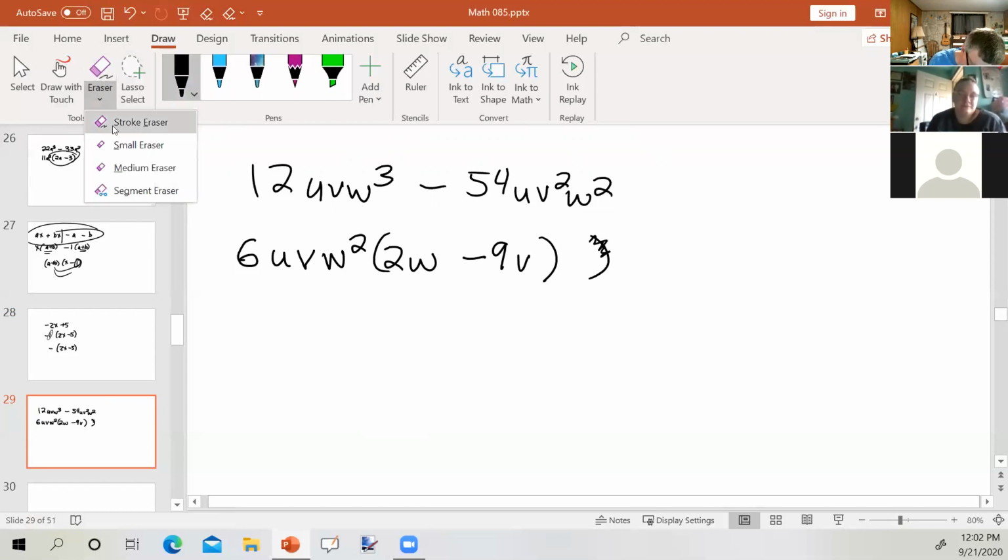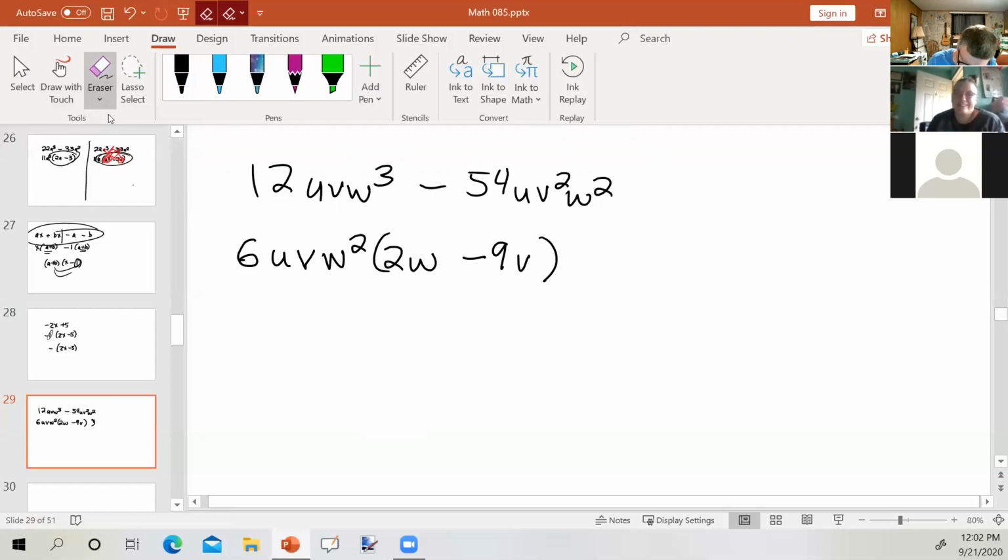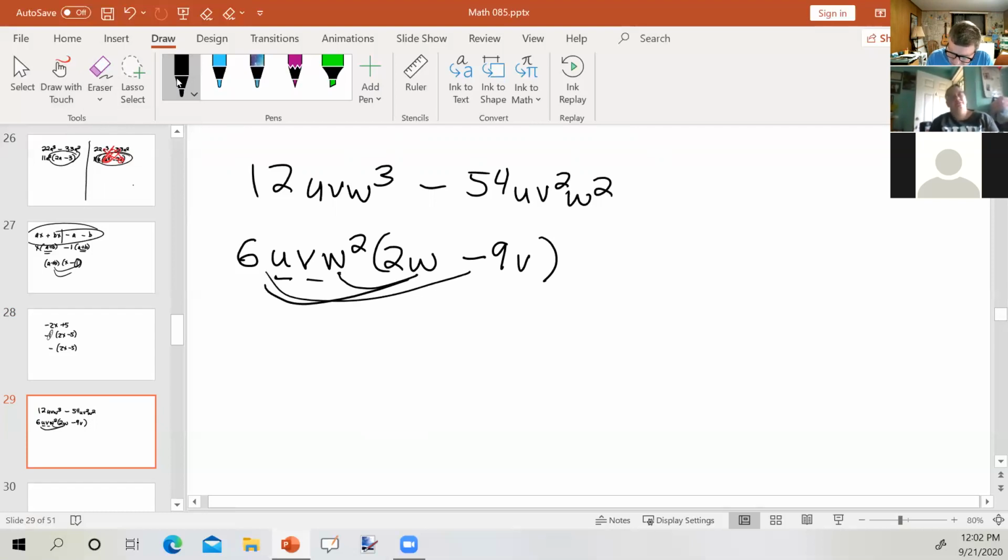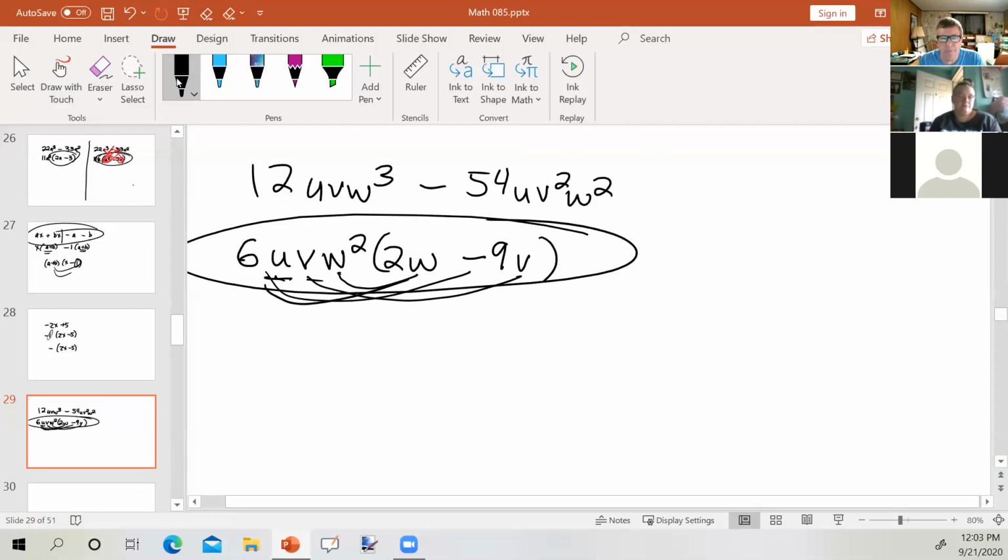So let's check our work. That would be 12uvw cubed minus 54uv squared w squared. So it's correct.